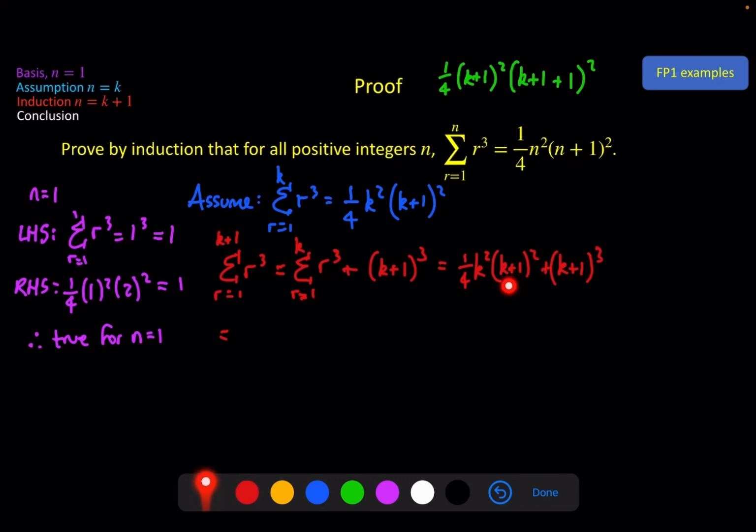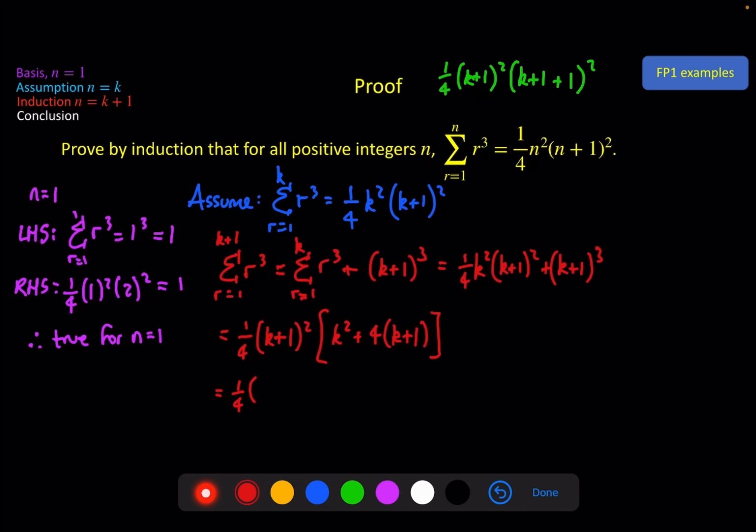I've got a k plus 1 squared here, k plus 1 squared here, 1 over 4, and I'll force a 1 over 4 out here to give me a 1 over 4 k plus 1 squared common factor, which matches this part here, where n is equal to k plus 1. And then I see what I get left. I've got k squared here, and 4 lots of k plus 1 here.